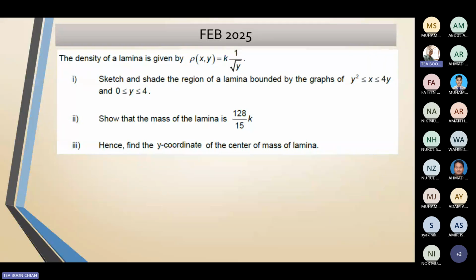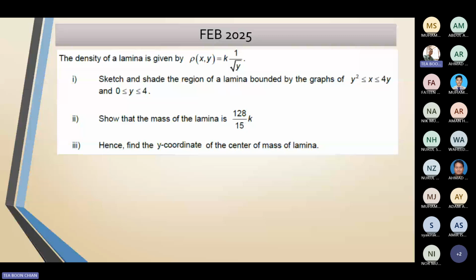So for example, here, the density of a lamina is given by density rho equals k multiply 1 over square root of y. First, sketch the shape of the region of a lamina bounded by the graph y squared less than or equals to x less than or equals to 4y and 0 less than y less than 4.